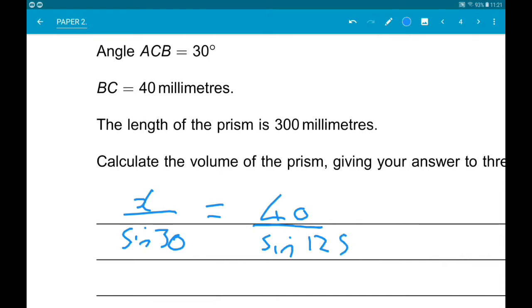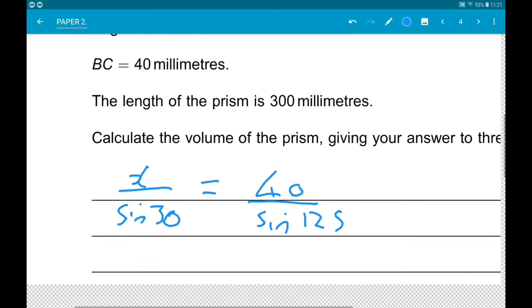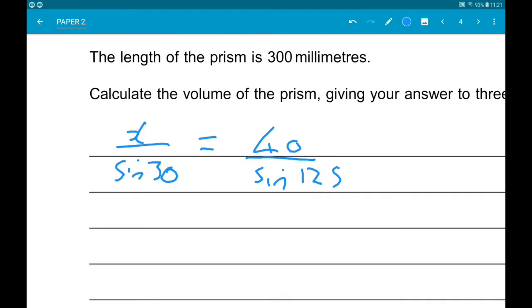Now we want x, so multiply through by sine 30, and you should get x is 24.4 millimeters.